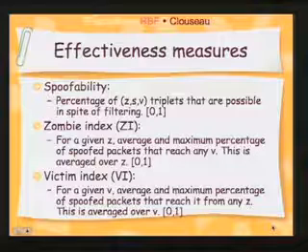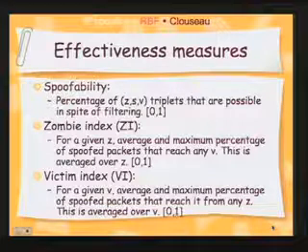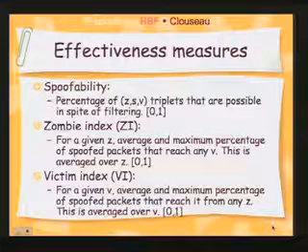And then I'm going to take this measure and average it over all the zombies. So you see there's a lot of averaging going around. Intuitively, zombie index means if I picked my zombie randomly and let it do random spoofing, and then I picked my destination randomly, this is how much traffic should reach this destination.